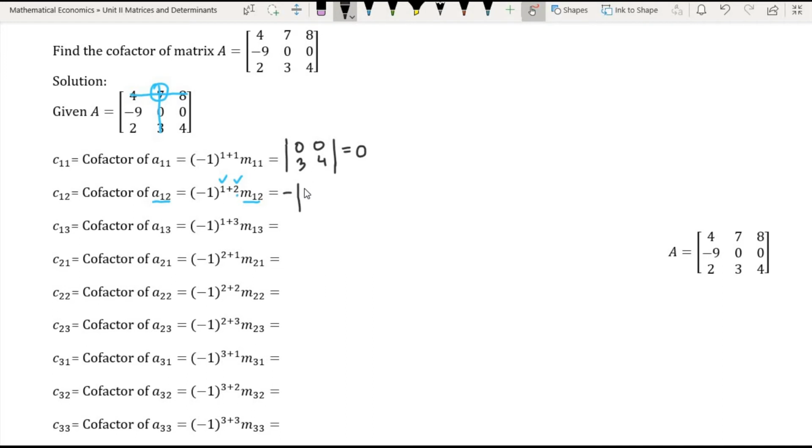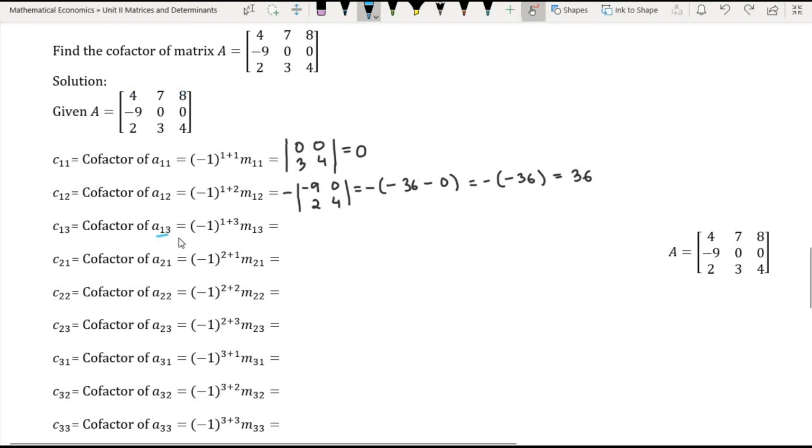On deleting the row and the column, we are left with elements -9, 0, 2, 4. Minus times plus equals minus. 9 times 4 equals 36. 2 times 0 equals 0. Minus 36 minus 0 equals minus 36. Minus times minus equals plus 36. Therefore, the cofactor of the element A12 equals 36.